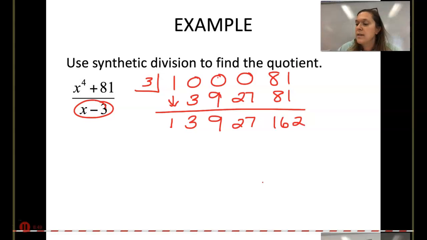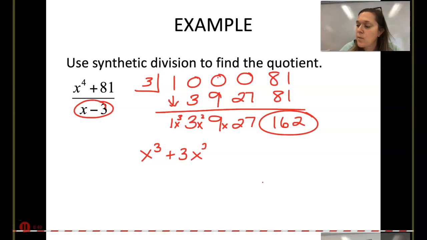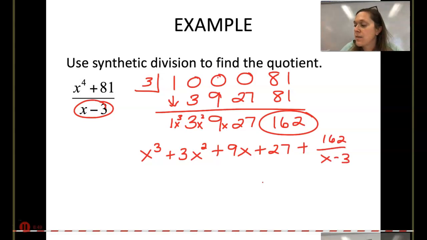We started with a 4th degree. So that makes us start with an x to the third, x squared, x, constant, remainder. So x to the third plus 3x squared plus 9x plus 27 plus 162 over x minus 3.